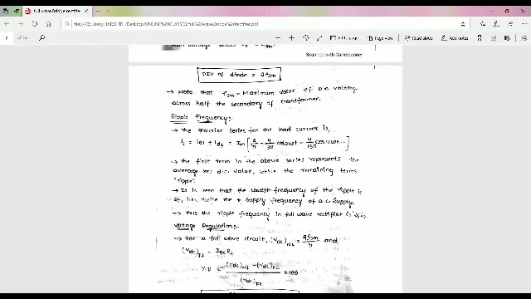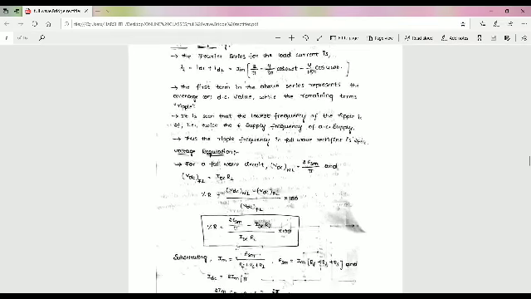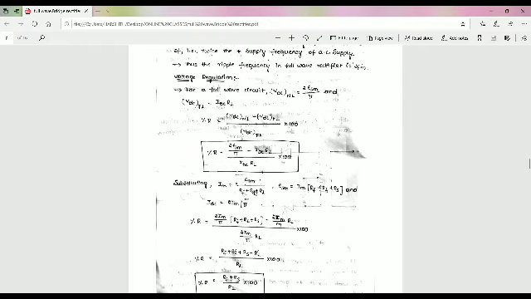Percentage of regulation formula is (VDC no load minus VDC full load) by VDC full load into 100. So, percentage of regulation equal to, substituting the values, (2 ESM by pi minus IDC RL) by IDC RL into 100. Substituting the Im value, we get IDC equal to Im by pi.